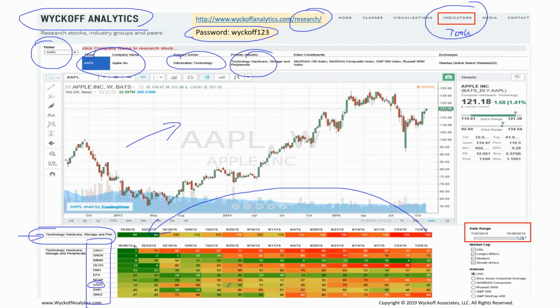So for instance, Apple has a rotation from 68 to 41, but at the same time, Cray has a much larger rotation, where from 91 in 5 weeks, we are getting to the top two in the group. So that is so valuable.